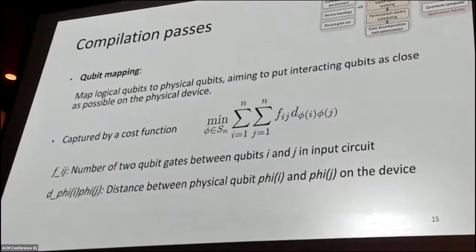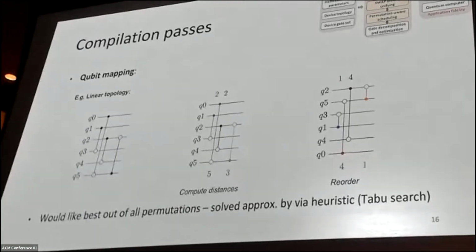So we have to choose which physical qubit will represent which logical qubit. And the way Toucan does this, under the knowledge that it's going to be allowed to reorder all the gates, it simply looks at minimizing the distances between those qubits which are going to be directly interacting on the device.